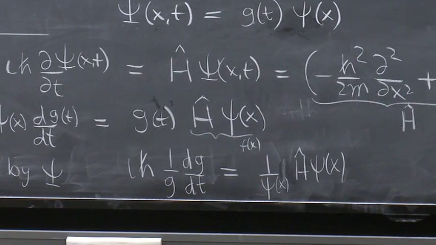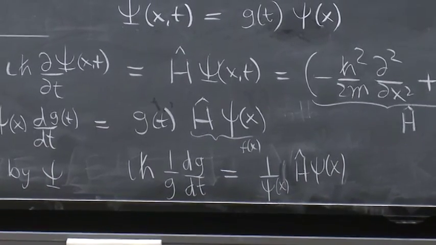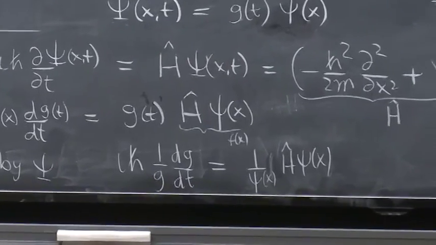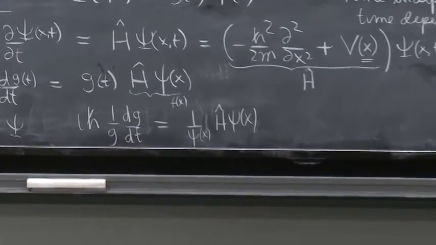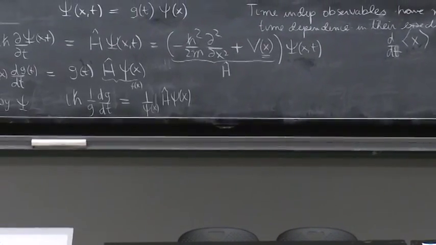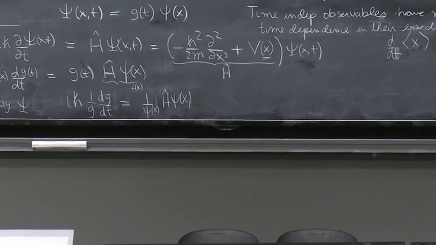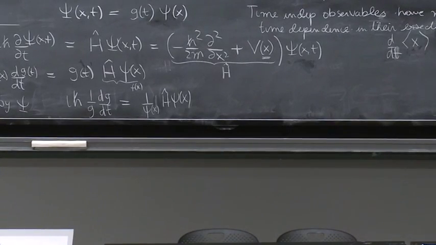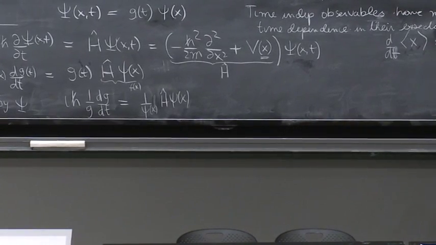And now you look at this equation, and this equation is saying something very strange. The left-hand side is a function of time only. The right-hand side is a function of space only. How can a function of time be equal to a function of space?